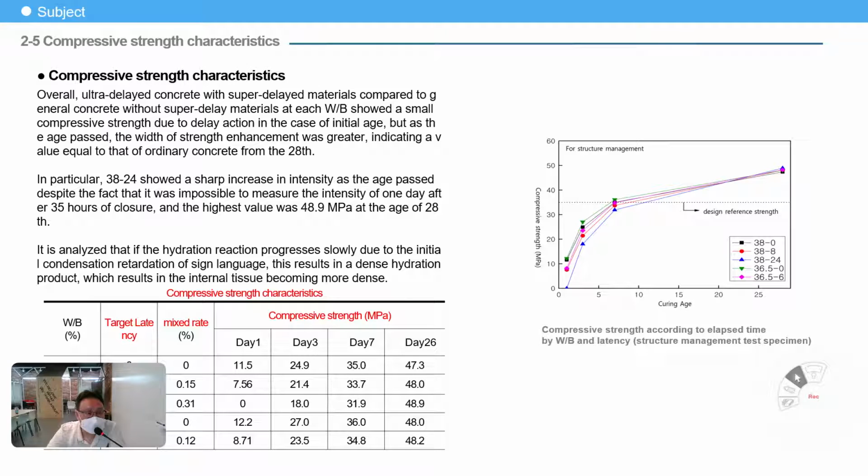It is understood that if the hydration reaction progresses slowly due to the initial condensation retardation, this results in a dense hydration product, which makes the internal tissue more dense. The right picture is compressive strength according to relative time by water binder and retardation. Structure management test specimen.